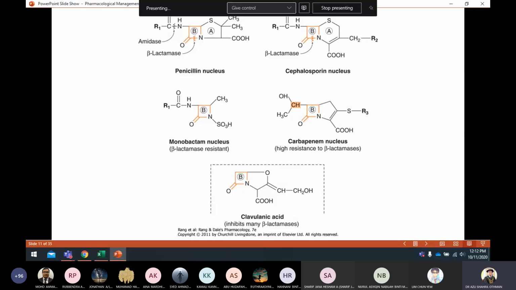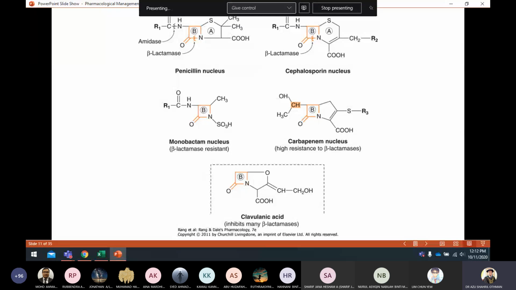They have a beta-lactam ring, which is susceptible to cleavage by beta-lactamase produced by resistant bacteria. So penicillin, cephalosporins, their beta-lactam ring is very susceptible to beta-lactamase produced by resistant bacteria.